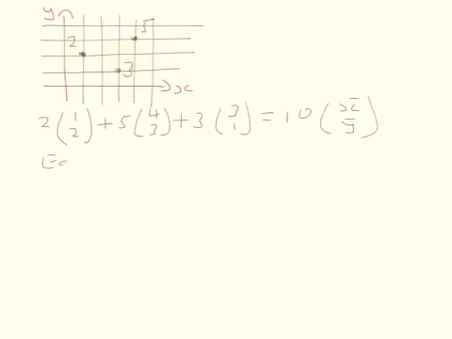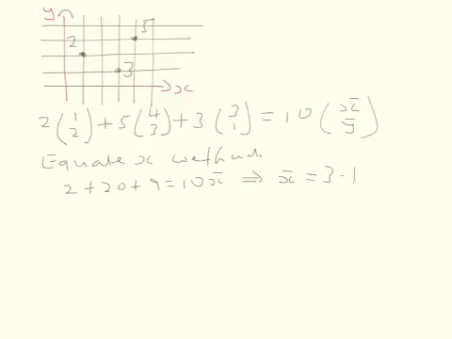So let's equate the x coefficients. And we get 2 plus 20 plus 9 equals 10x bar, which means x bar is 31 over 10, 3.1. Now let's equate the y coefficients.